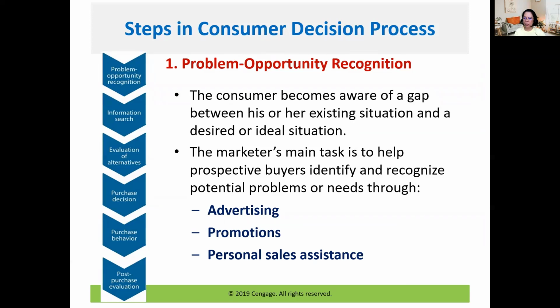His existing situation is that he is hungry, and the desired or ideal situation is to be able to find the food that he likes, which will satisfy his hunger and thus make him feel full. The marketer's main task is to help prospective buyers identify and recognize potential problems or needs through advertising, promotions, and personal sales assistance.